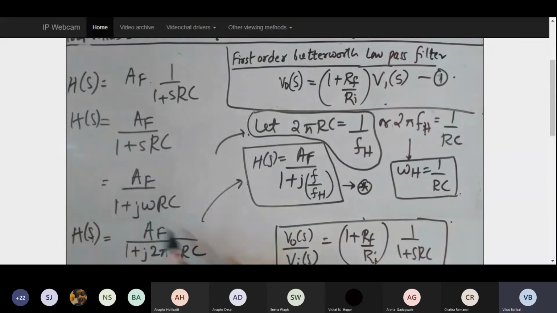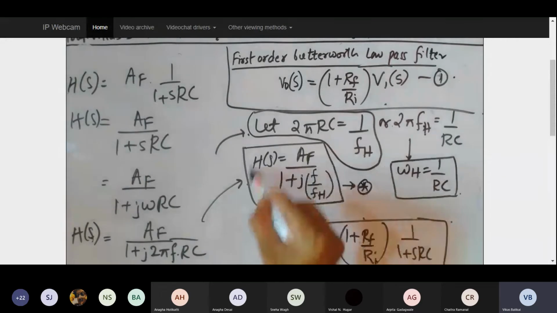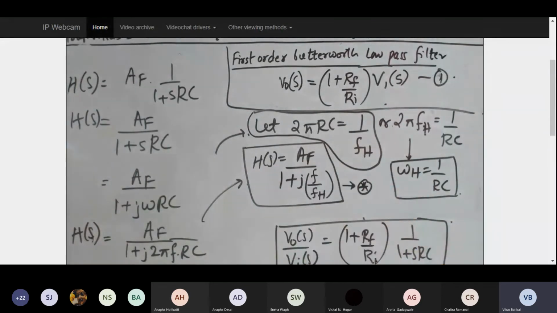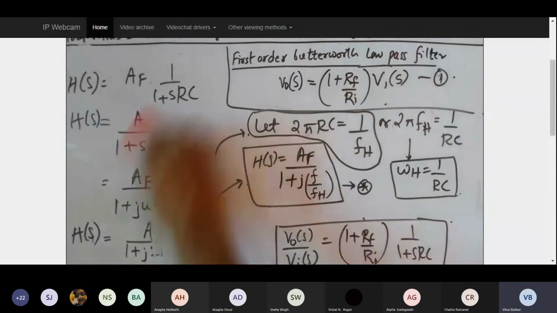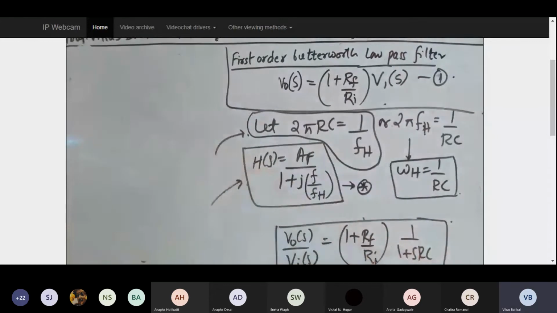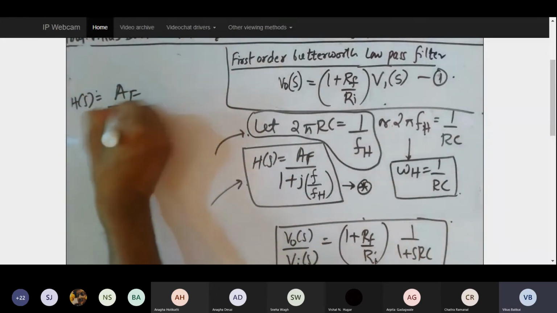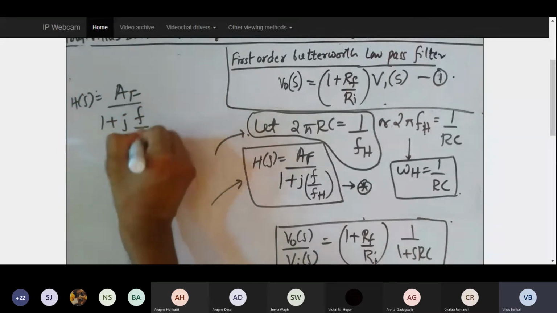So basically, the transfer function has taken the form AF divided by 1 plus JF divided by FH. If I write this entire thing once again clearly, H of S is given by AF divided by 1 plus JF divided by FH.